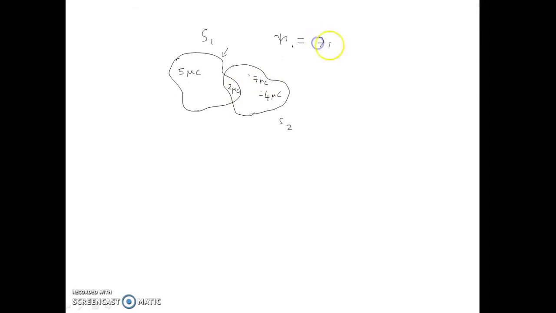So it is 7 microcoulombs. Whereas the flux emerging from the surface S2 is equal to the net charge enclosed. So in this case it is +7 -4 and +2. So therefore it is 5 microcoulomb.